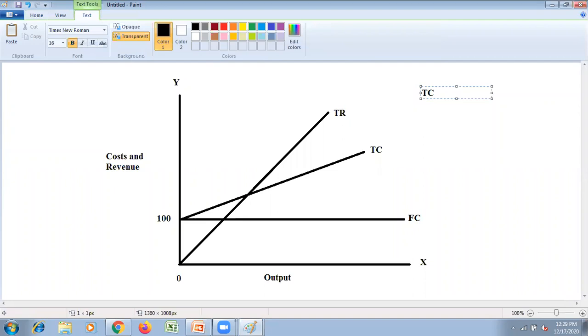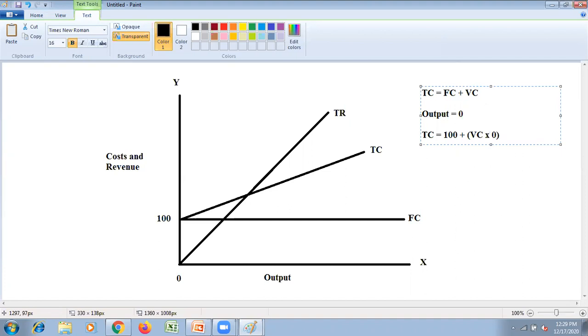And what is the reason? I told you earlier, total cost is equal to fixed cost plus variable cost. So if output is equal to zero, fixed cost will remain the same. It doesn't matter whether there is zero level of output or greater level of output. Fixed cost is not going to change. That will be 100, right? And variable cost will be variable cost per unit times output.